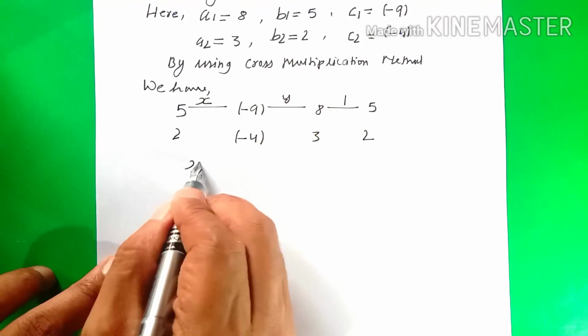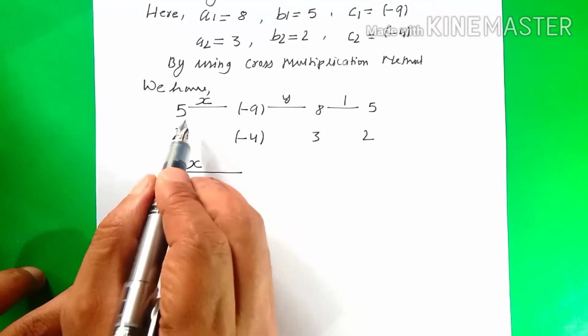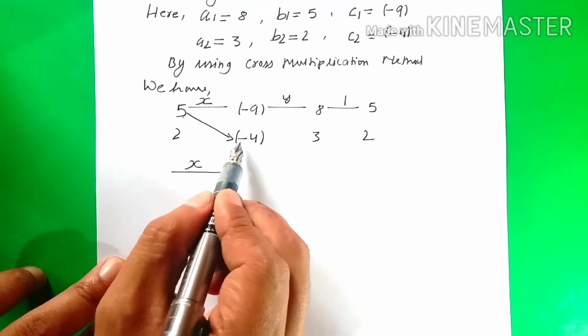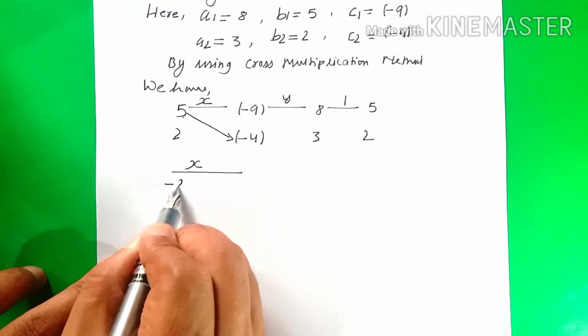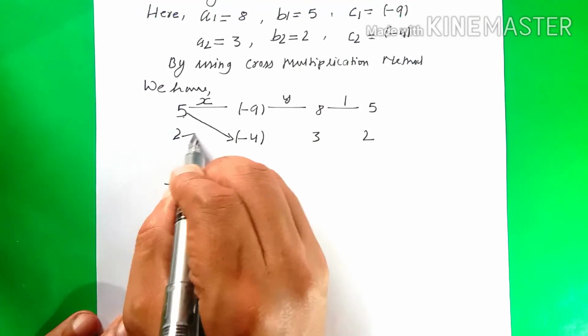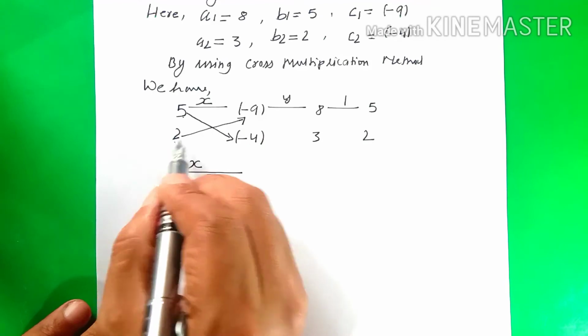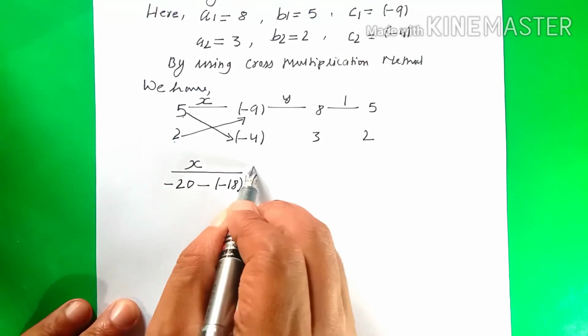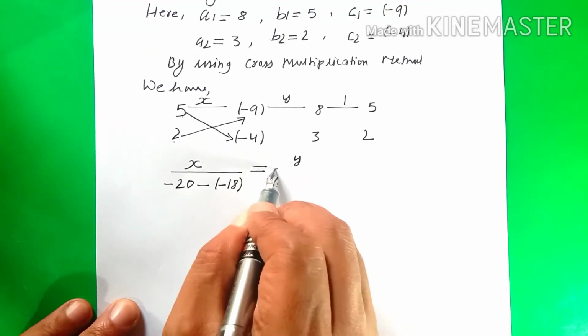Next, x divided by, take here a multiplication. These two you'll have to multiply. 5 into minus 4, minus 20, followed by always minus sign. Again these two you'll have to multiply. 2 into 9, 18, but sign negative, also equals to y divided by.